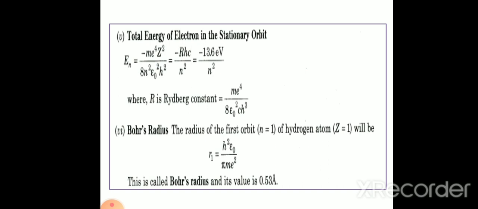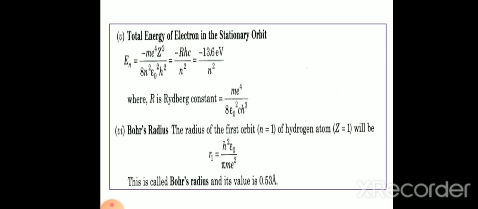Here we can substitute for mass of an electron m, charge of an electron e, epsilon 0 and h Planck's constant, and converting this energy into electron volt by dividing it by 1.6 into 10 raised to minus 19, we get En is equivalent to minus 13.6 divided by n square electron volt.